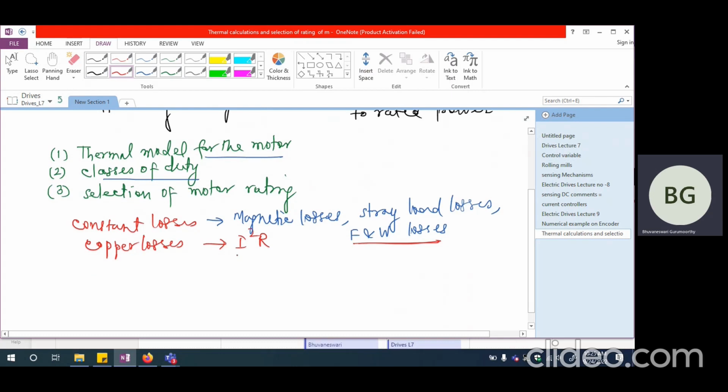So these are the different types of losses we encounter. Out of this, I square R losses really are going to be quite high, and these happen in the windings of the motor. And the windings are generally surrounded by insulator, and they are also placed inside slots. So they are not going to come in contact with any cool air which is surrounding the machine.